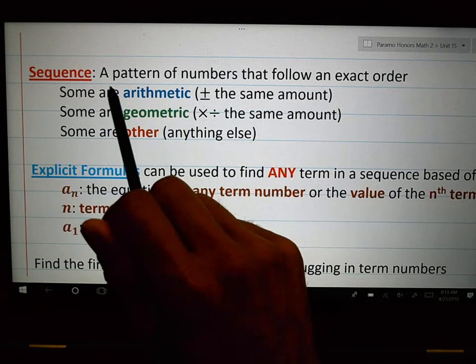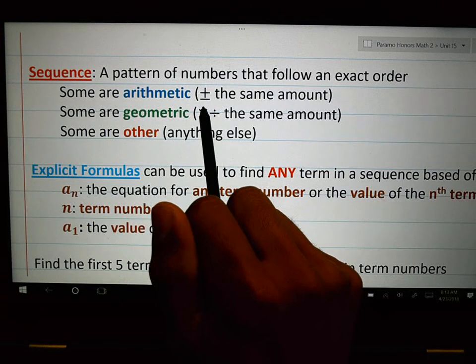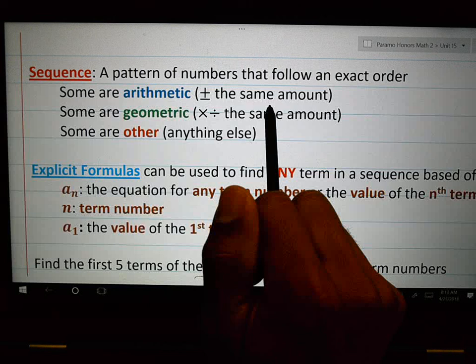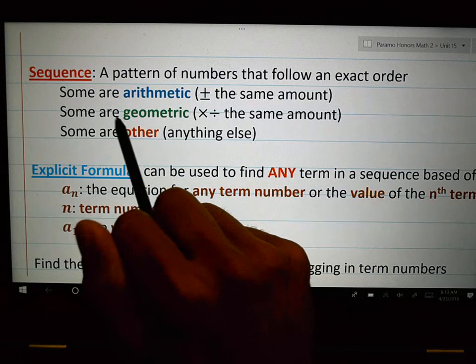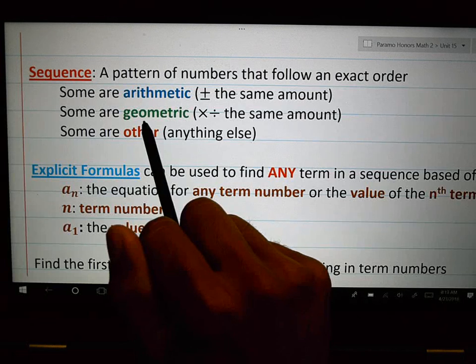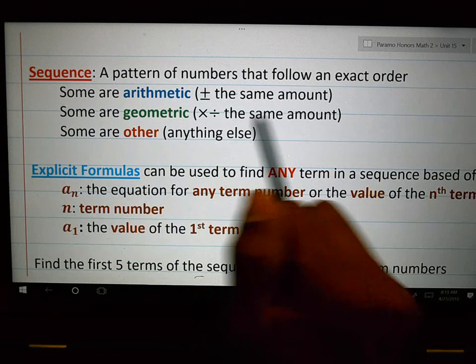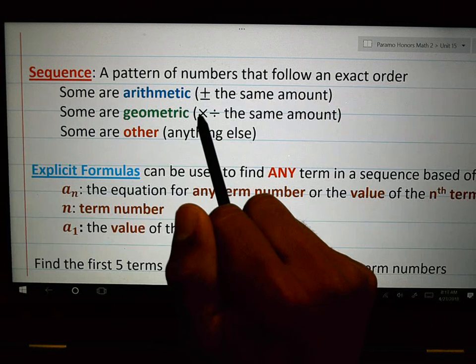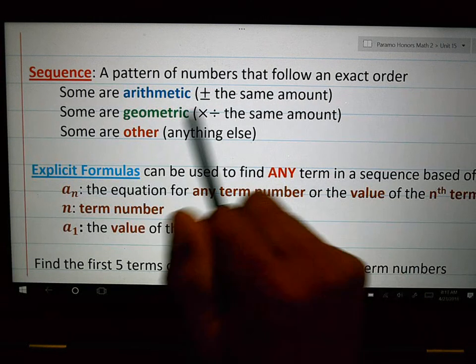Okay? When a sequence is arithmetic, it adds or subtracts the same amount. That's called the common difference. Geometric sequences, on the other hand, are where you multiply or divide by the same amount every single time. And that is called the common ratio. We'll go into that in a later section.